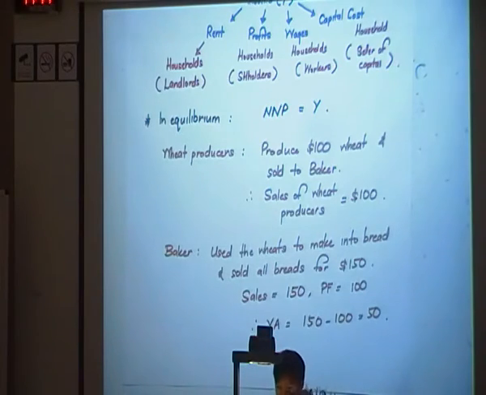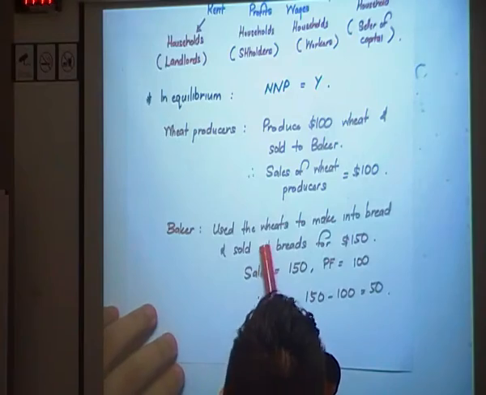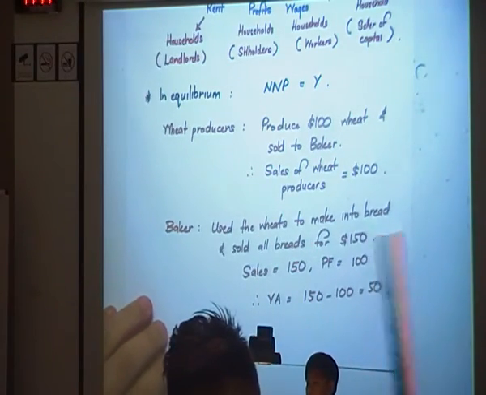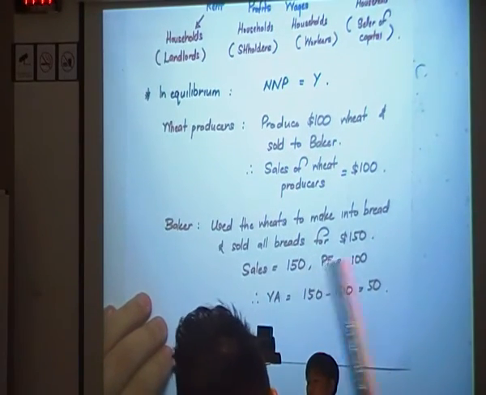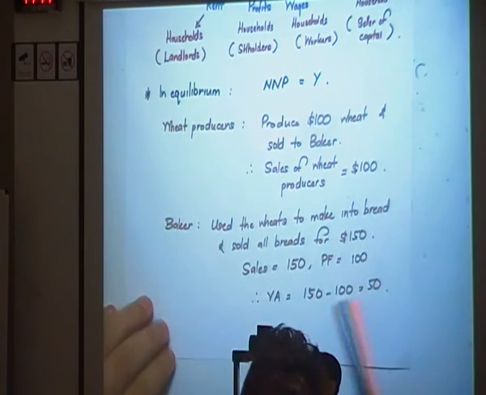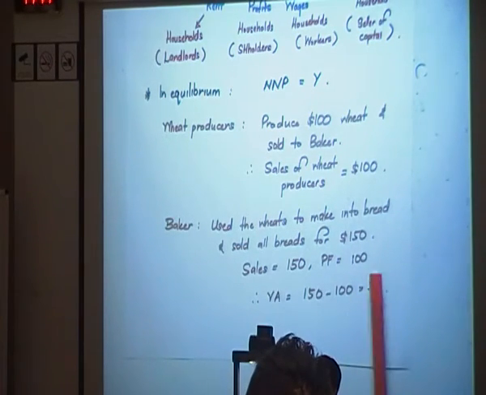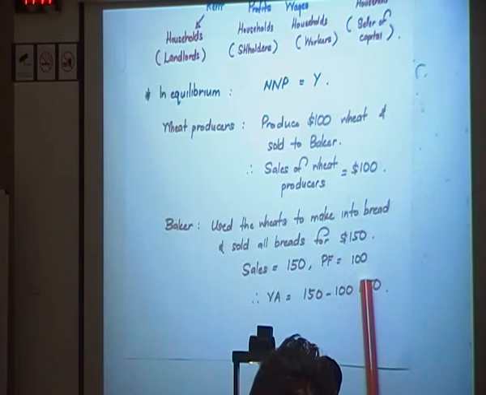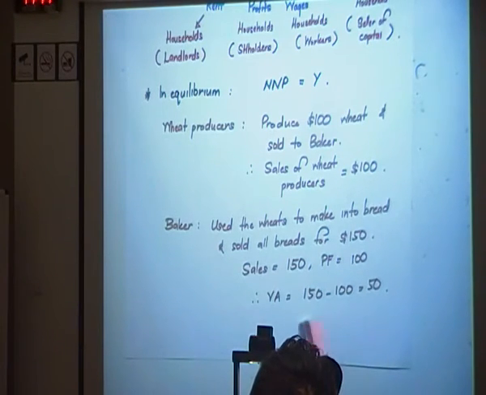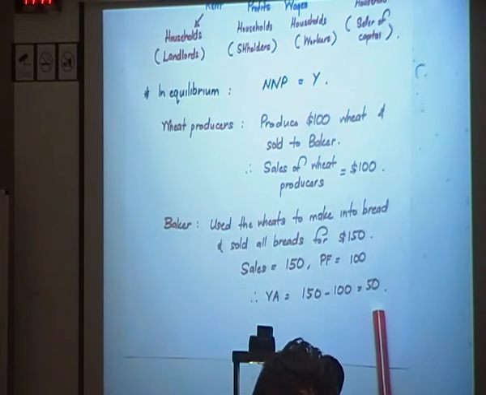If you look at the sales of the wheat produced, it's $100. And let's say they use the wheat to make bread and sold all the bread for $150. If they never minus away the purchases, which is $100, and just show a value added of 50, what happens?